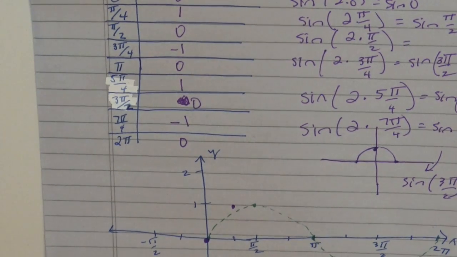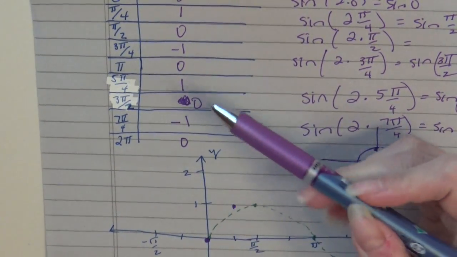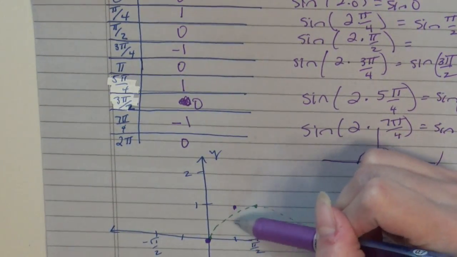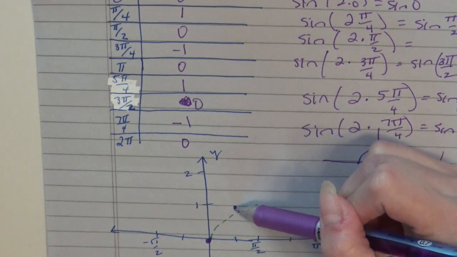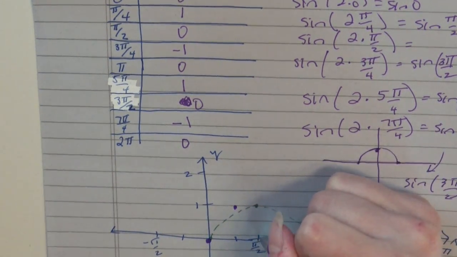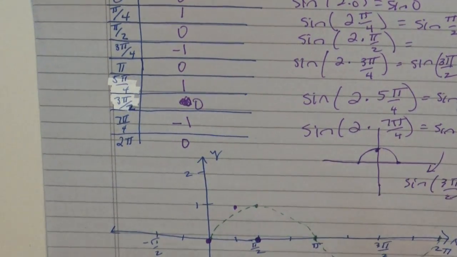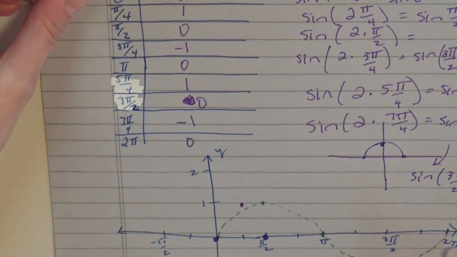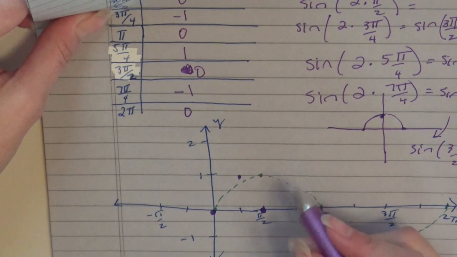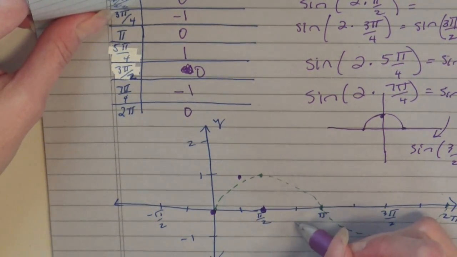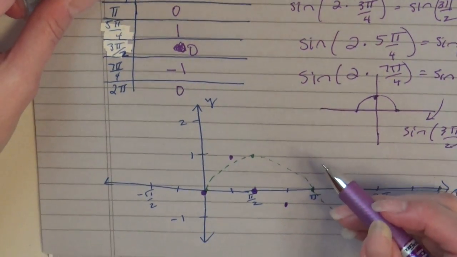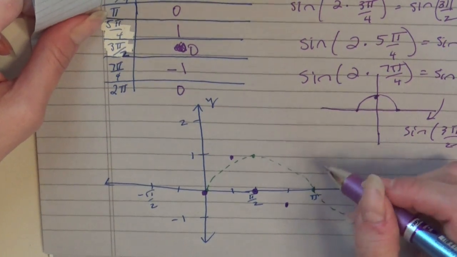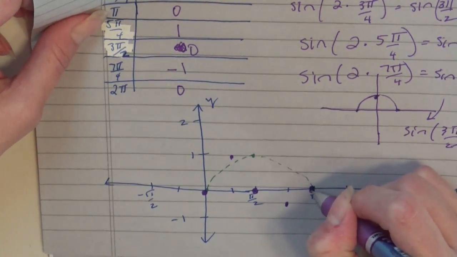Okay, so we've got ordered pair 0, 0 and pi over 4, 1 here. And then we've got pi over 2, 0. Three pi over 4 on x, that's going to be this one, and the negative 1 is there. Now we've got ordered pair pi, 0 is here.